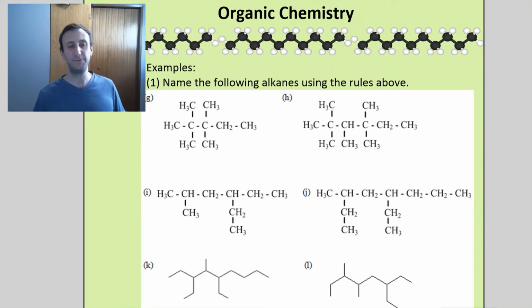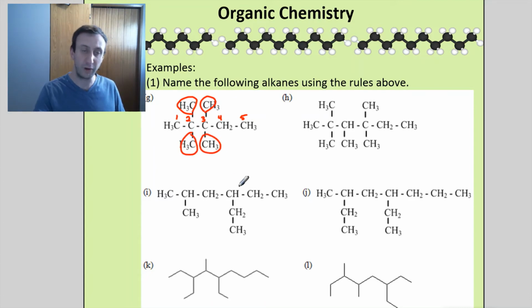All right, I've got a few more here. Now I get into even more branches. I've got quite a few going on for G. So I've got 1, 2, 3, 4, 5, okay, from my parent chain. So I've got branch, branch, branch, and branch.